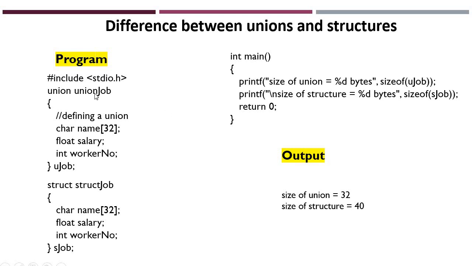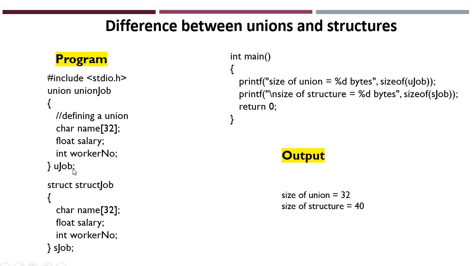See here, I have created a union followed by a structure, inside which the same set of members has been defined: character name, float salary, integer work number.